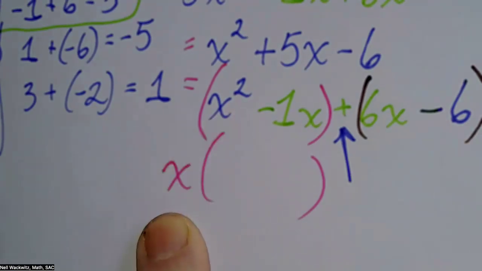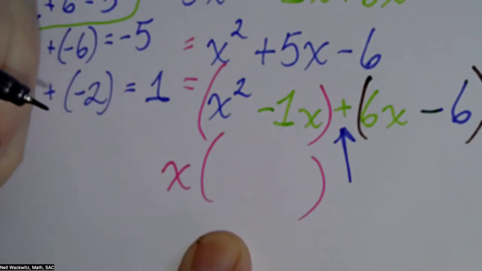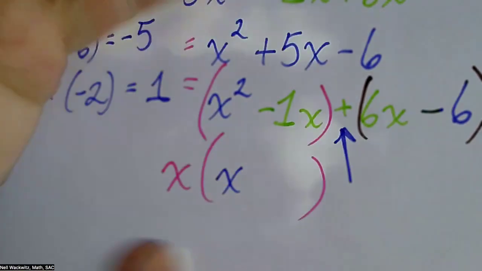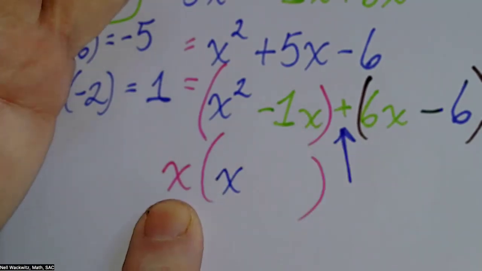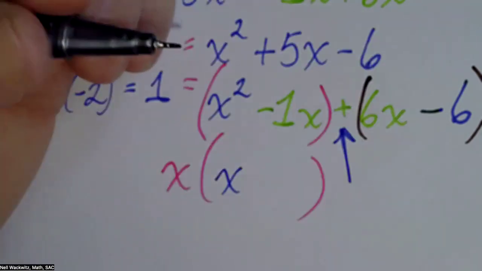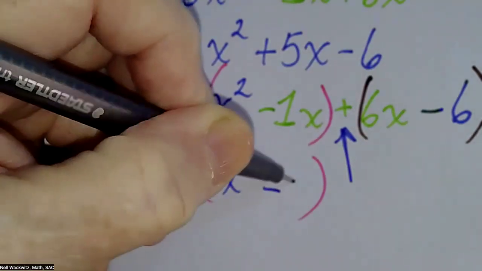And x squared divided by x? X. That's right. Negative x divided by x? Negative 1. Very good.